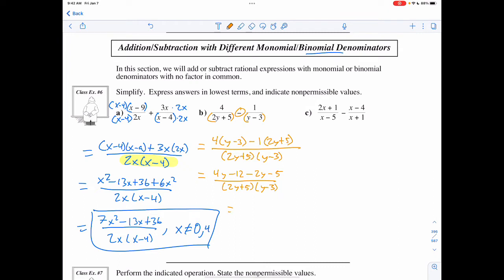And when I combine my like terms, I have 2y minus 17 over 2y plus 5, y minus 3. And looking at my lowest common denominator, this is true so long as y cannot equal either -5 over 2 or 3.